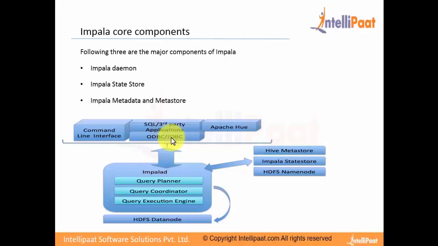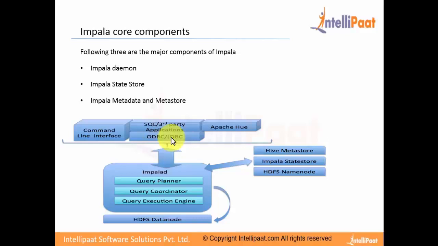Now, the purpose of displaying this diagram is to tell you that on the right hand side, the complete Impala execution engine, which involves the query planner, the coordinator, and the execution engine, uses the same Hive metastore. The Impala state store is a particular process that we will discuss in a couple of minutes.